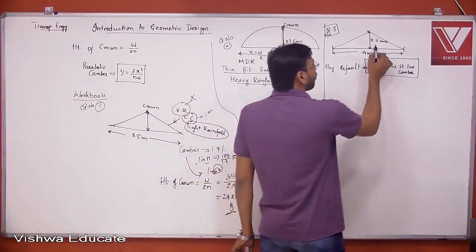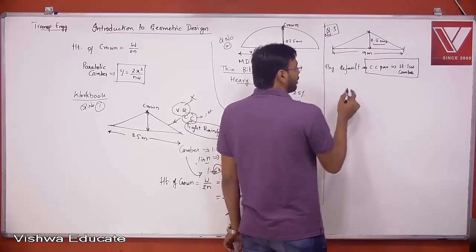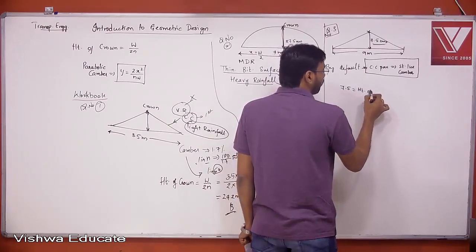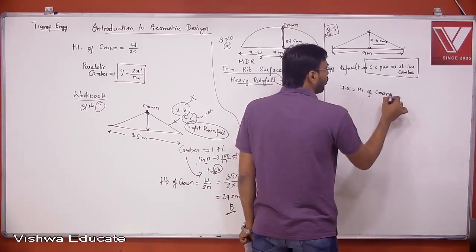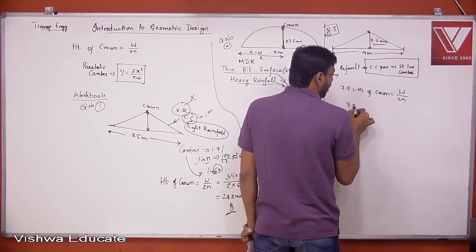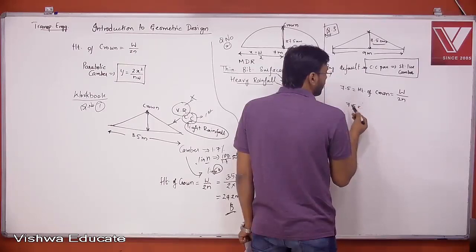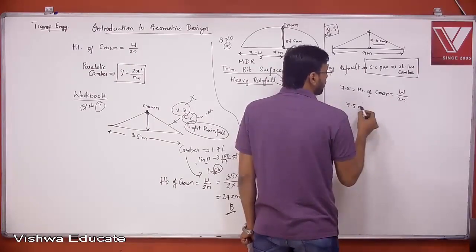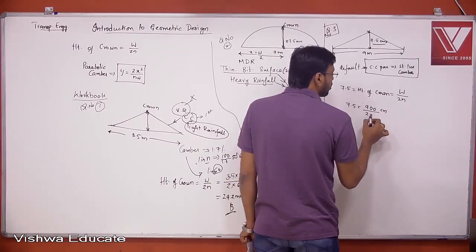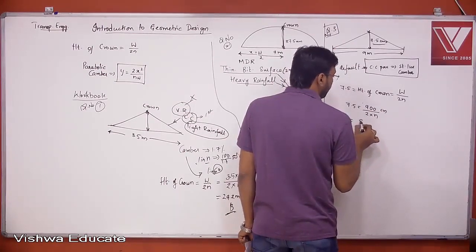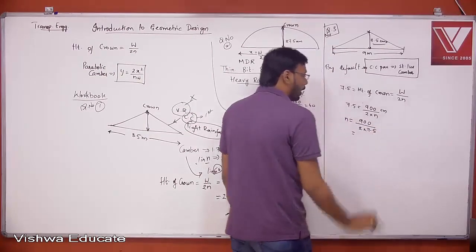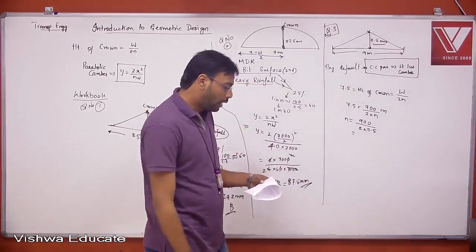So what is that 7.5 centimeters? He has given this 7.5 centimeters, which is nothing but the height of the crown, which is equal to W by 2N. Here it is in centimeters, so I take W also in centimeters. So it is 900 centimeters divided by 2 into N. So N is equal to 900 by 2 into 7.5, which if you calculate, comes as 60.